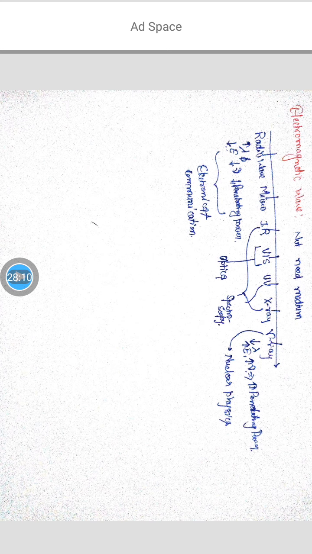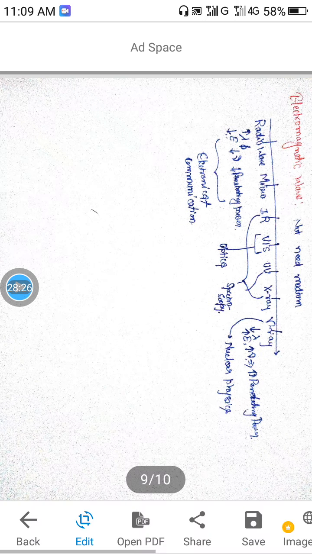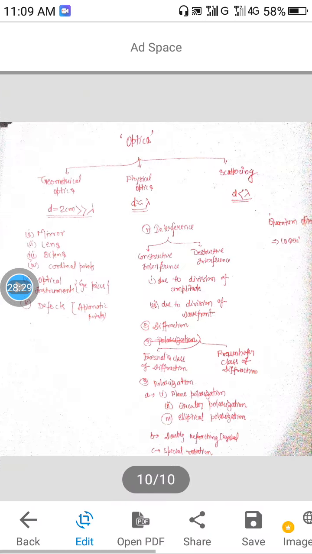When you study spectroscopy, you must know about IR and X-ray. When you study gamma rays, you will study nuclear physics. And radio waves and microwaves belong to the electronics and communication branch. I hope I am not taking too much of your time. So optics is of three types: geometrical optics, physical optics, and scattering.